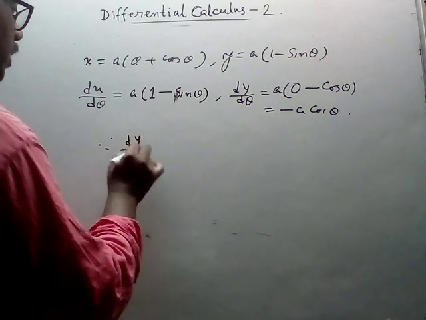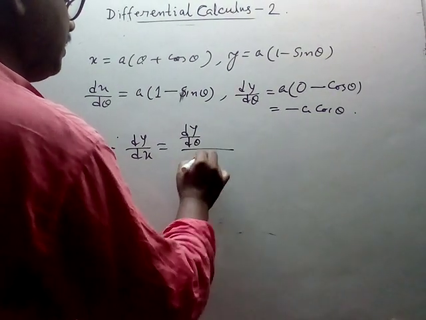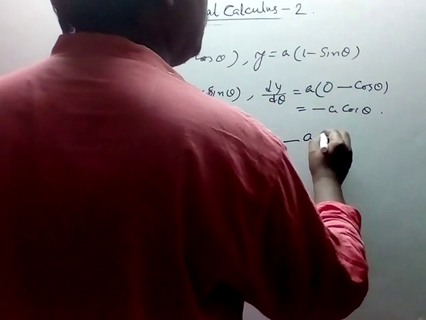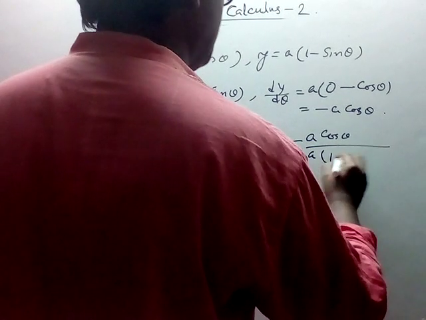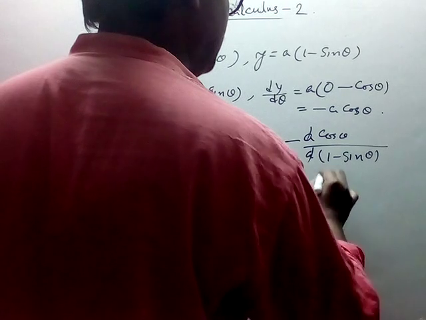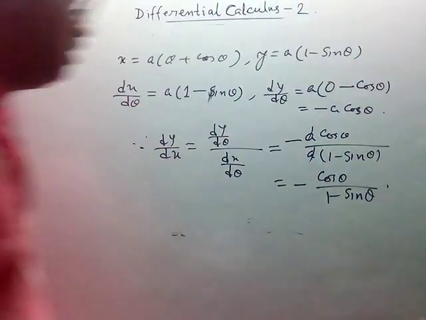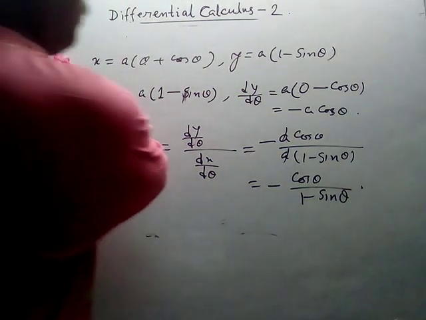Therefore dy/dx equals dy/d theta divided by dx/d theta, which is minus a cos theta divided by a(1 minus sin theta). The a cancels: minus cos theta by 1 minus sin theta. This is the derivative of parametric functions.